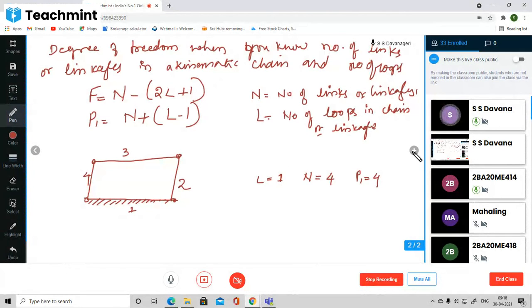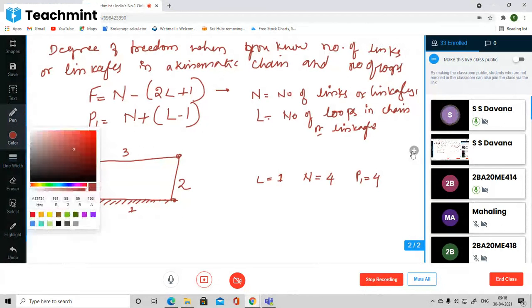Now let us go for the first equation. Loops mean it is in continuity. Let us use this equation.